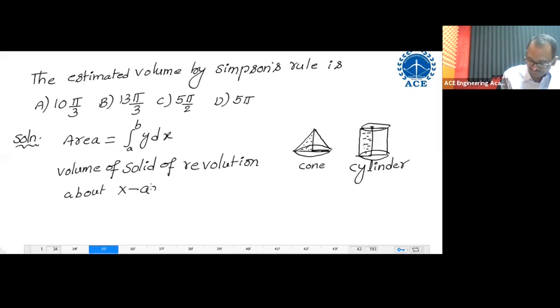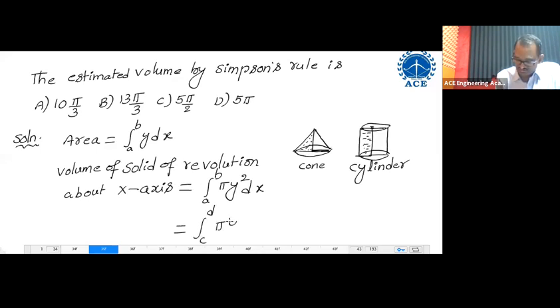We have this topic in calculus: volume of solid of revolution about the x-axis. We have this formula in the calculus multiple integrals chapter. It means the area bounded by some curves rotated about the x-axis. This is the formula.